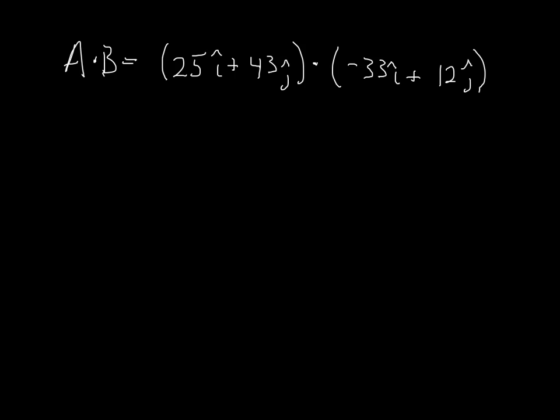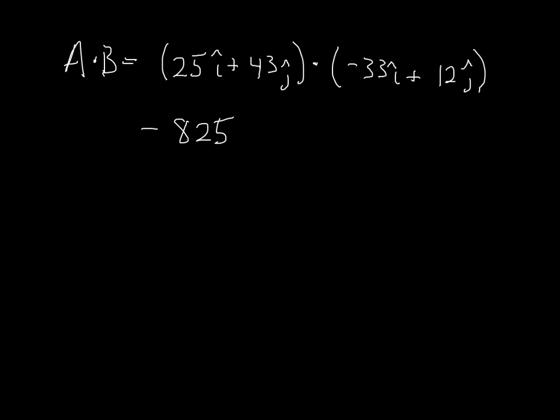I have to multiply these numbers out. The unit vectors will multiply together, cancel out, give you 1. 25 i hat times negative 33 i hat. What does that give me? What's 25 times negative 33? Should be negative 825.